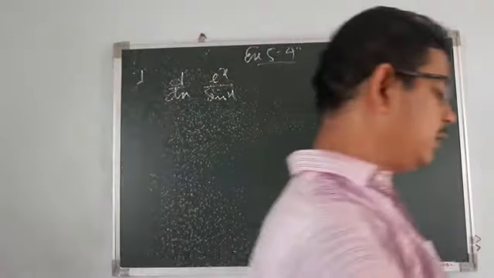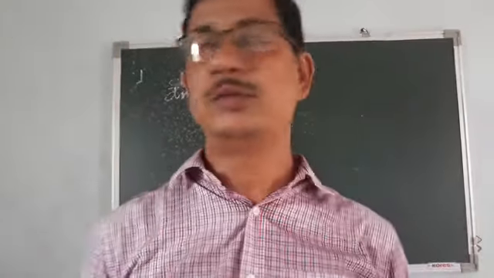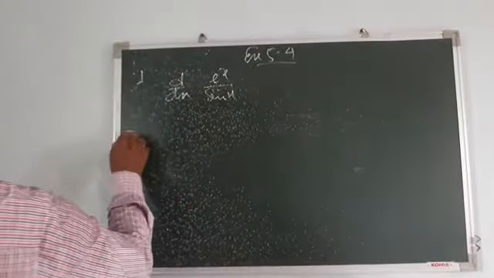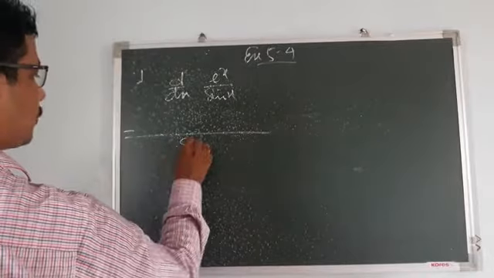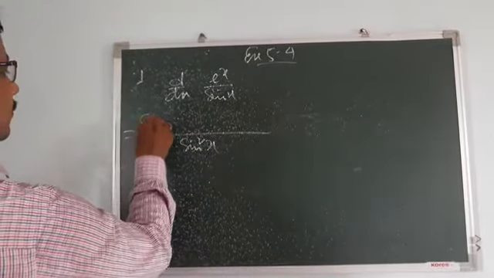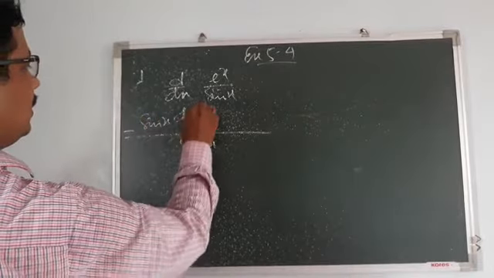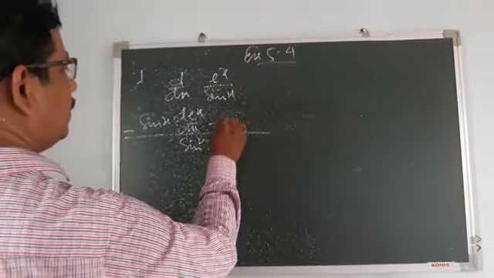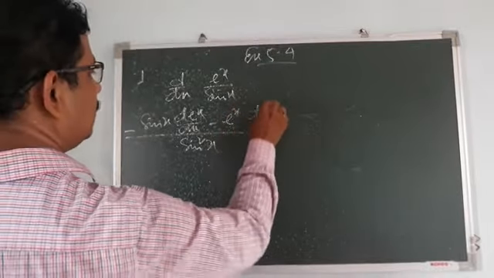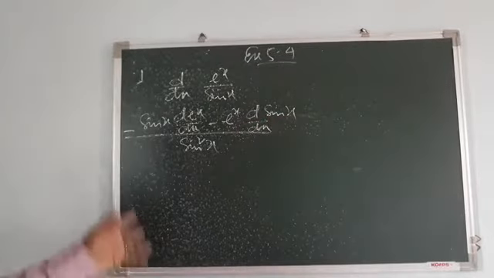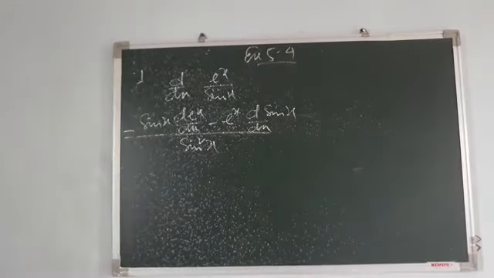We already have the formula for the u by v form. This is u, this is v. Then what will it be? V square, that is sin square x. Then you keep sin x and differentiate e to the power x with respect to x. Then you keep e to the power x and differentiate sin x. This is the rule, this is the way we have to do it.